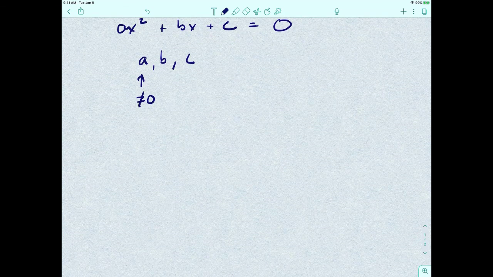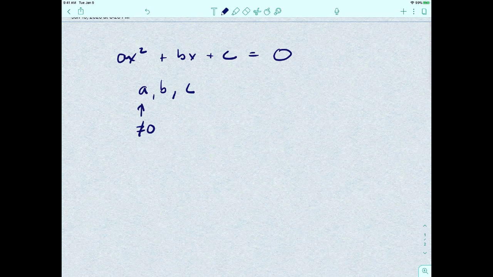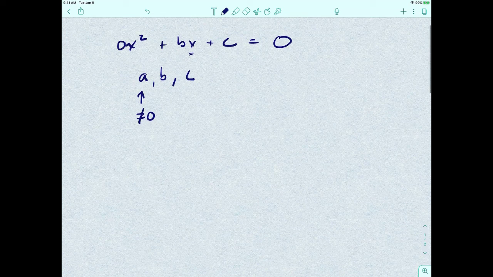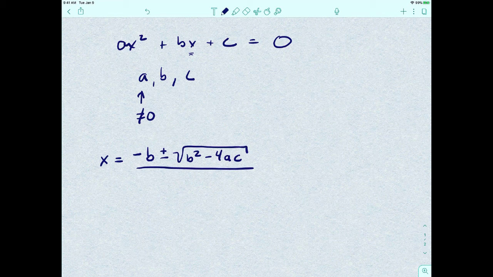So if we want to solve for x in this problem, we have to combine like terms, and the way that we solve for x using a quadratic formula like this is to say the following: that x would be equal to negative b plus or minus the square root of b squared minus 4 times a times c divided by 2a.